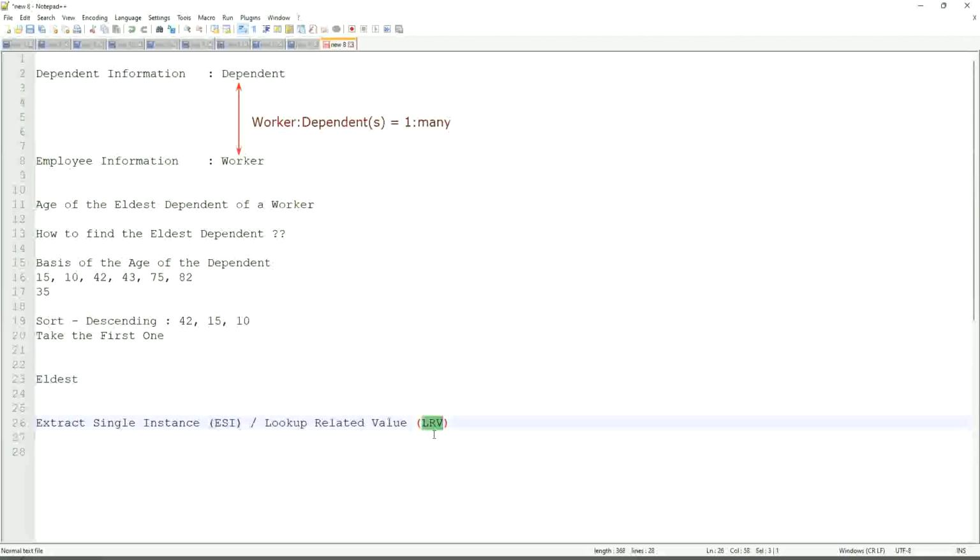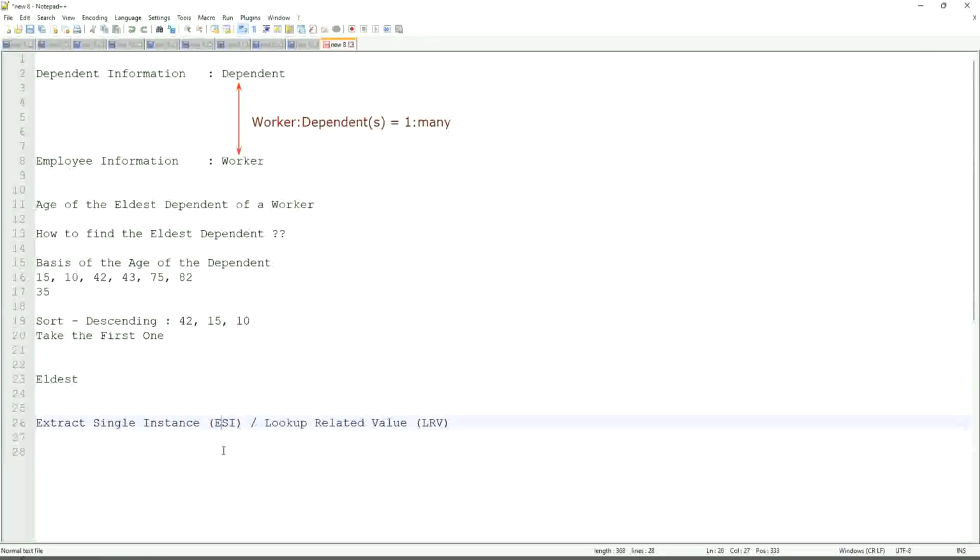Once we extract the ESI, we use it to get some value. That's the LRV. Like here, we are going to get the age of the eldest dependent. The eldest dependent will be returned by the ESI. Right, and the age of that eldest dependent will be an LRV. Right. This will be a very, very common question.